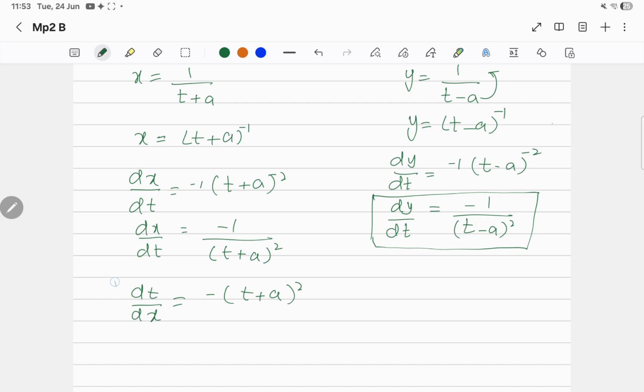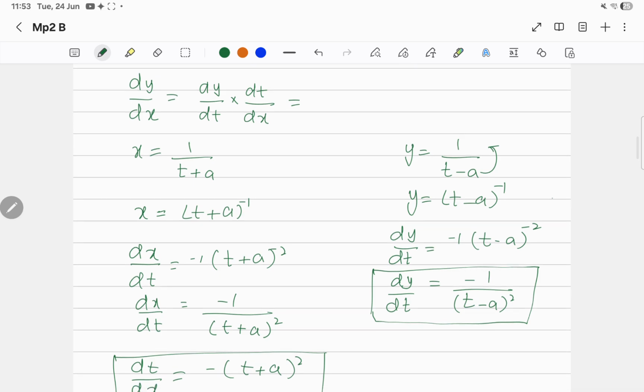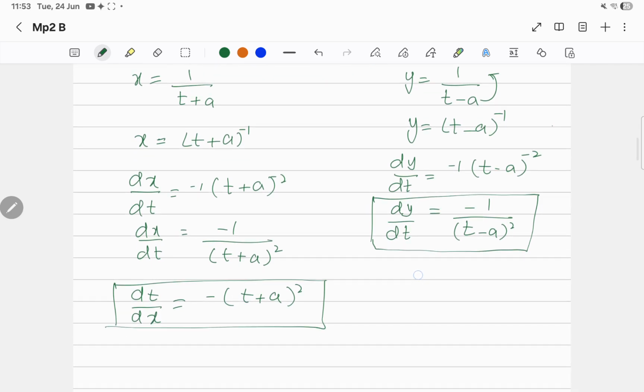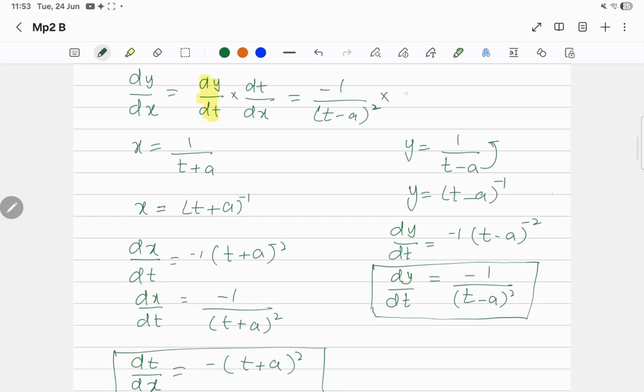Now we can sub these two values into the formula above. So dy over dt, this one, is minus 1 over t minus a to the power 2, and dt over dx is minus times t plus a to the power 2.